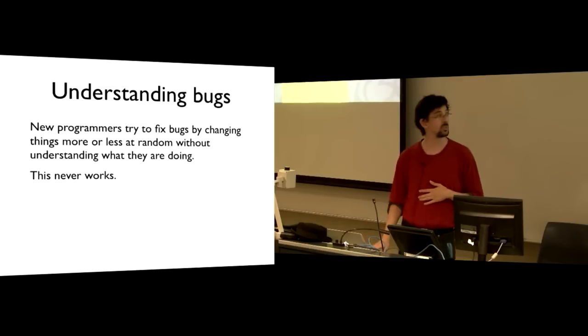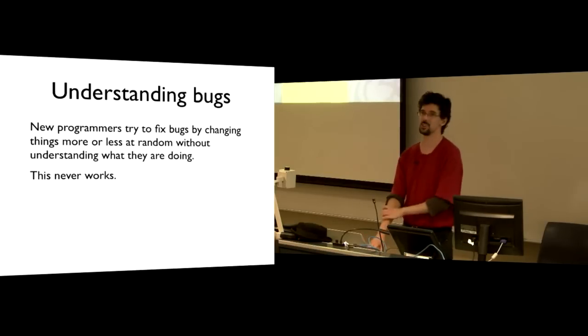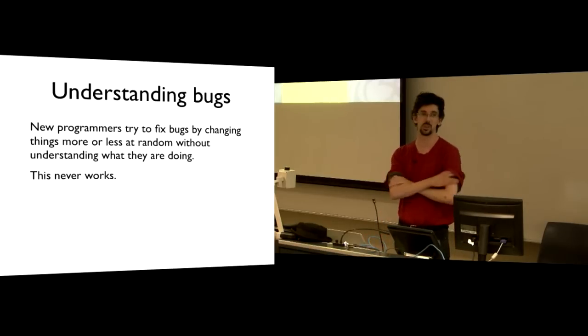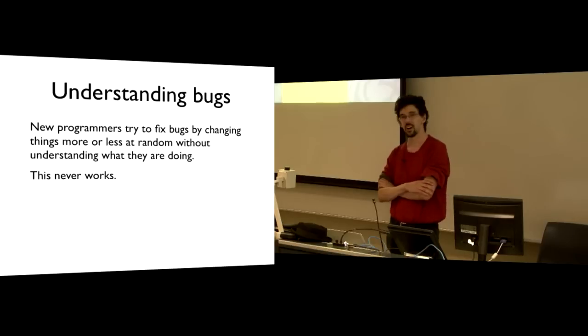Finally, the really important thing is you need to actually understand what your code is doing. New programmers like to try to fix bugs just by poking at things. If it doesn't work, you kick it. And kicking it generally means making random changes to your code and seeing what happens. You are not going to fix your programs by doing this.